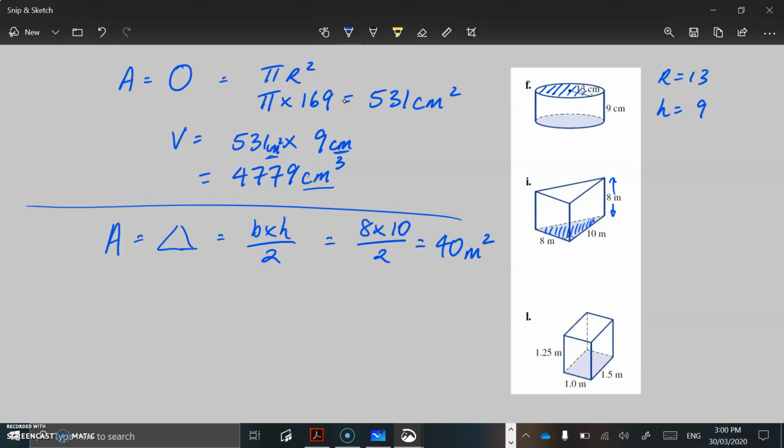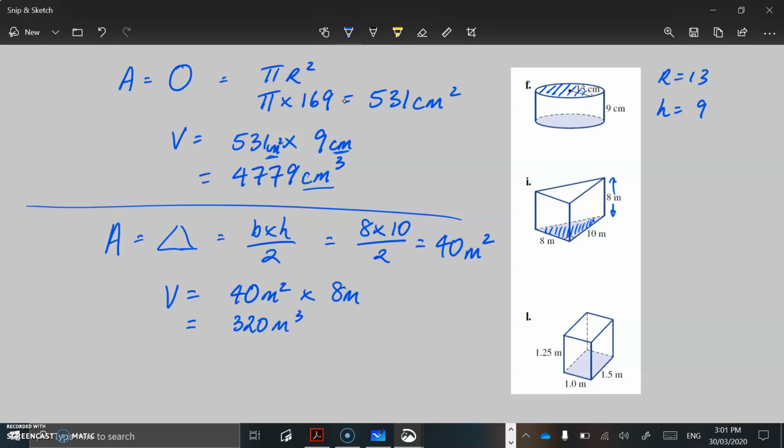So the volume of this triangular prism is going to be 40 meters squared times the height, which is 8 meters, and 40 times 8 is 320. Meters squared times meters is meters cubed.